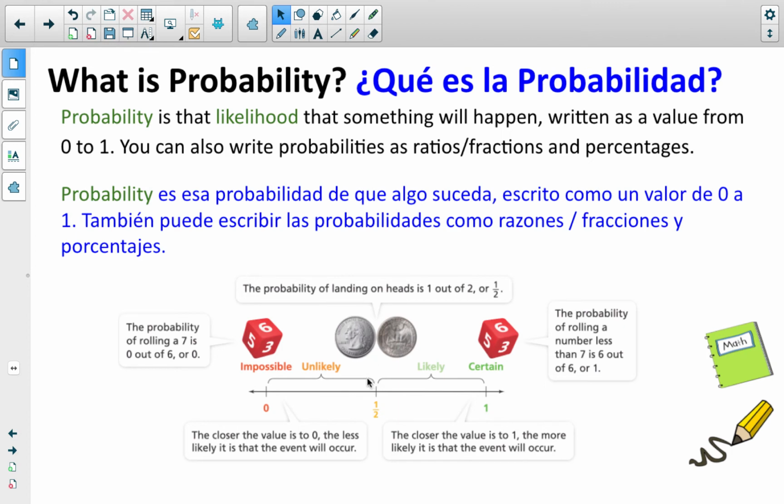Now, unlikely is less than 50%, or less than a 50-50 shot. So your name getting randomly chosen in your class is unlikely. You've got over 30 kids in your class. You're one kid. The likelihood you are picked is like 1 out of 32. That's not a very high chance.